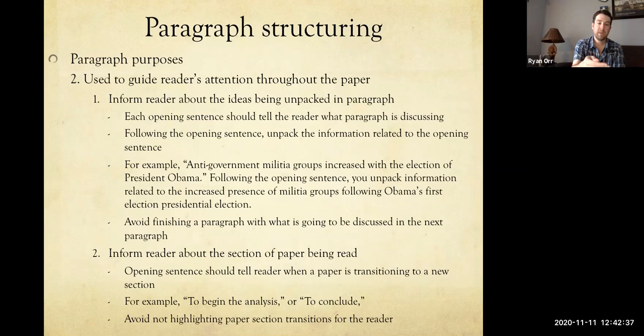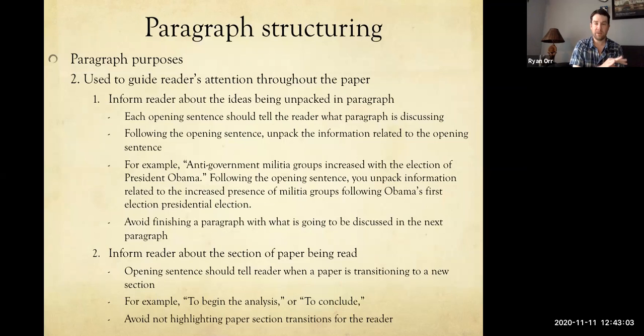And every new paragraph should have a new opening sentence, with the exception of when you're continuing an idea into a following paragraph. And so sometimes you have a lot of information to unpack, and it still relates to that opening sentence topic, but the paragraph's getting too long. So you're trying to find a natural split, and you would continue the idea.